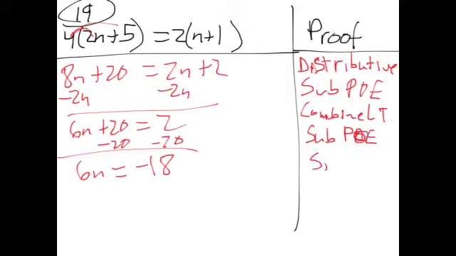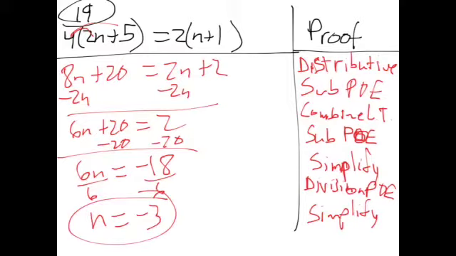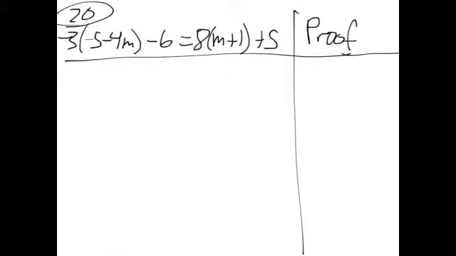And then simplifying, and then dividing by 6 on both sides is going to give me n equals negative 3. And what lets me divide both sides by a number is the division property of equality, and then simplifying gets me my last result there of n equals negative 3. And then 20, our last one.